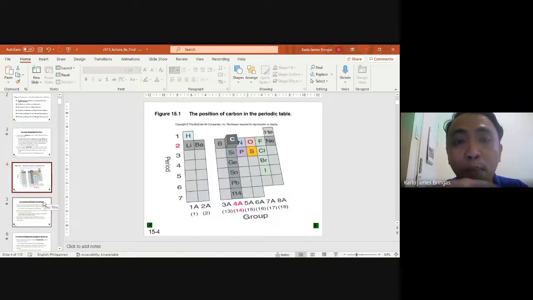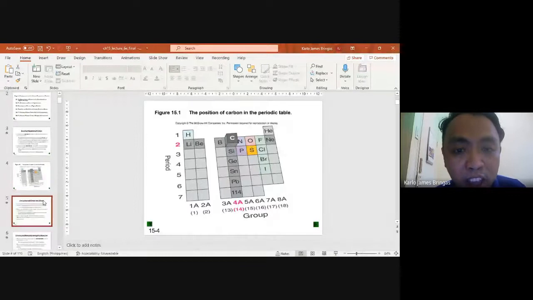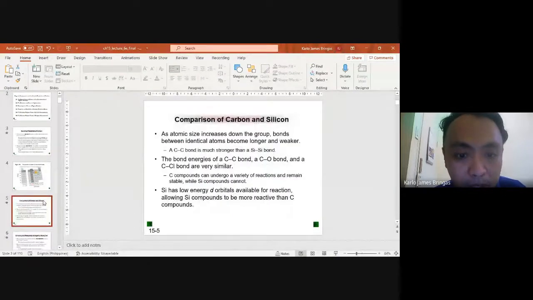So for us to be able to give them cheap medicines, it's much easier to just make it in the laboratory. So really, that is the miracle of organic chemistry in our modern times.